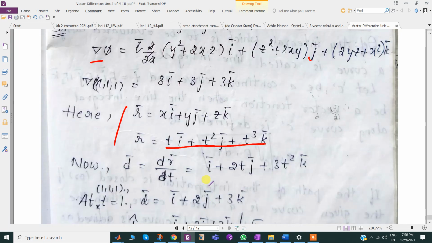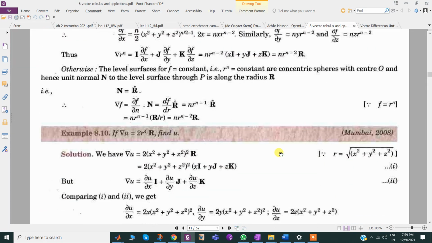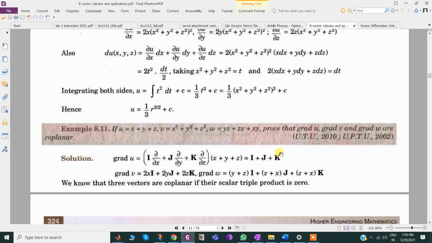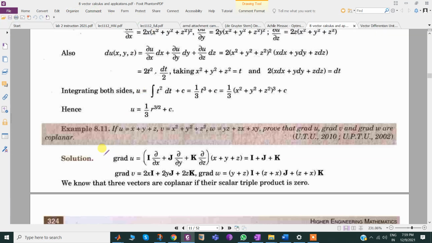Oh, completed. Let me open the textbook also, anything that we missed. Prove that the grad vectors are coplanar. Rarely may be asked. Coplanar.